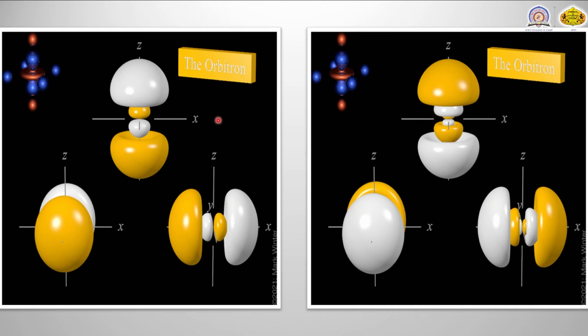As we see, n value for 3p is 3, based on the formula for number of nodes for that particular orbital, n minus L minus 1. So n value is 3, L value is 1, and minus 1. So it comes 1. So the number of radial nodes for 3p orbitals is 1.